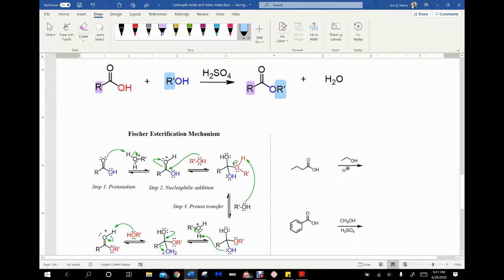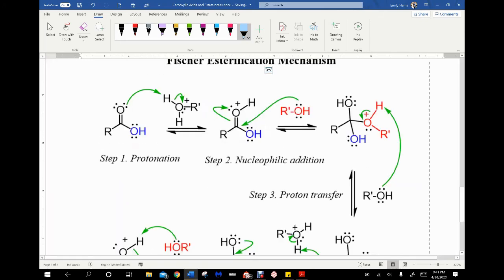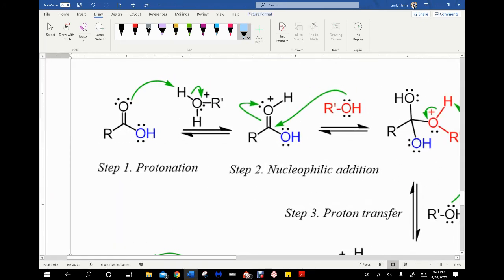Okay. So, a brief run through of the mechanism. Again, it's already been drawn out here thanks to our lovely online resources. So step 1, since you're in the presence of acid, is to protonate that top oxygen of your carbonyl.